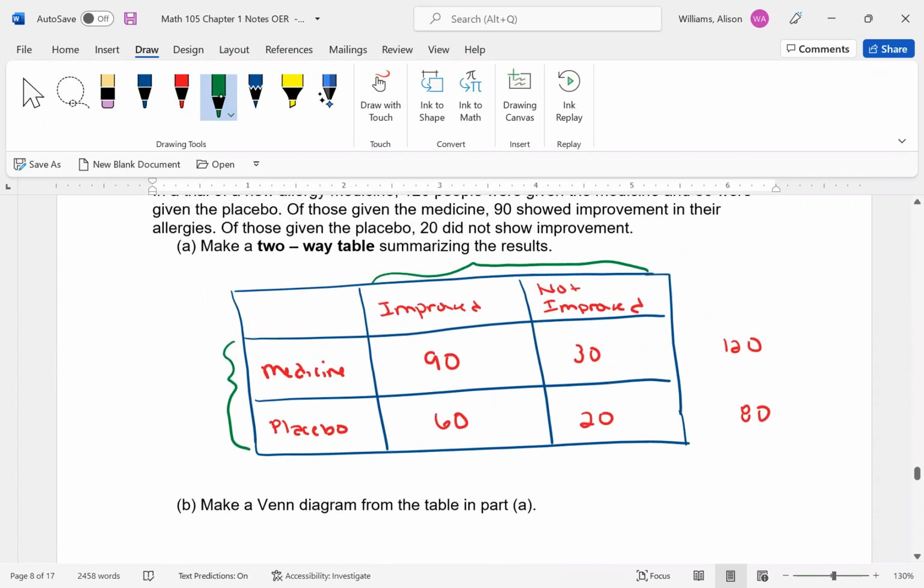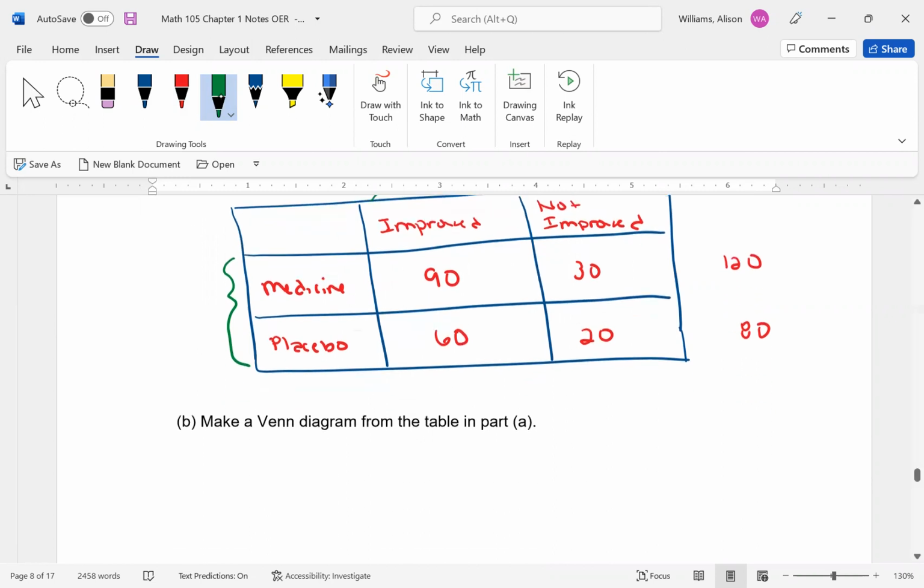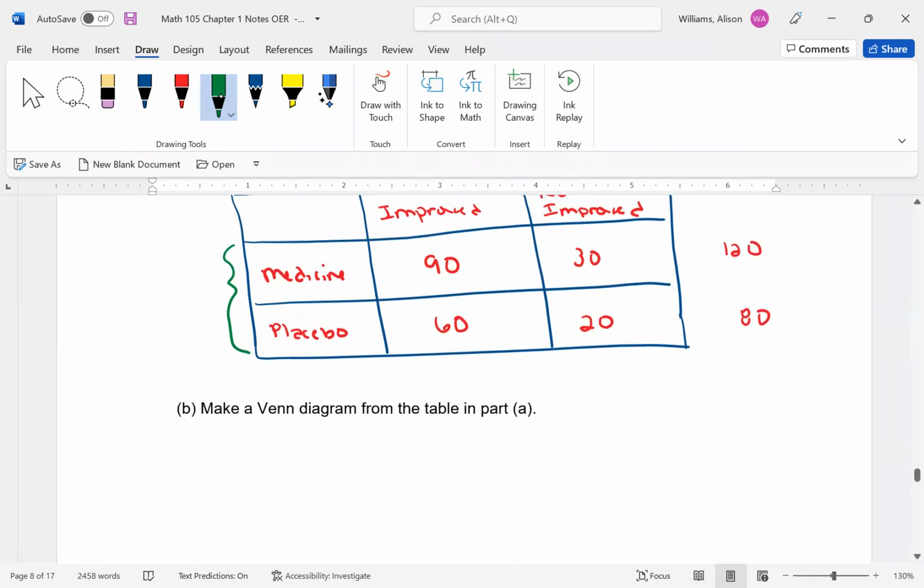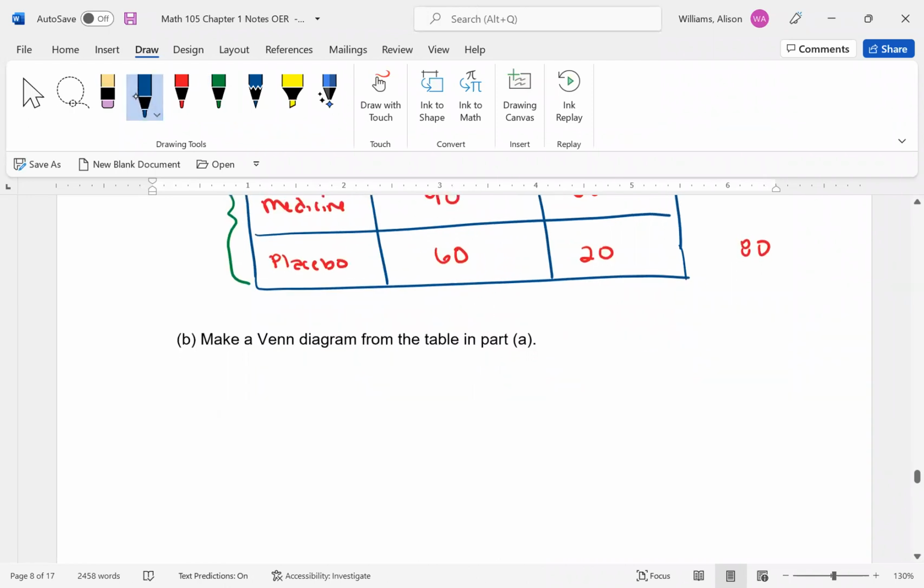So we want to decide which two pieces of information are most important to us. In this example, if we're talking about a study with a medicine, we're interested in the people who took the medicine and whether or not they improved. So I'm going to make that my two sets. I'm going to let one set be the medicine, and the other set be the improvement.